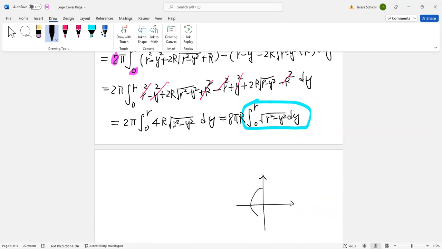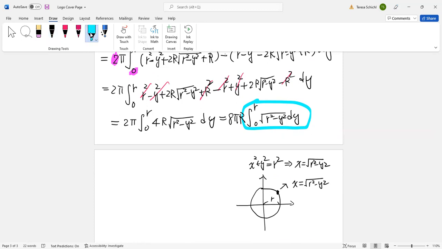If this is the circle, and this is the r, then the x values here, this is my x value. x is equal to the square root of r squared minus y squared. If you have a circle, x squared plus y squared equals r squared, you can simplify so that x is equal to the square root of r squared minus y squared.